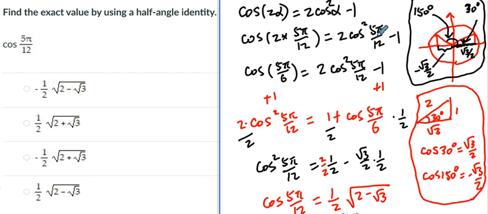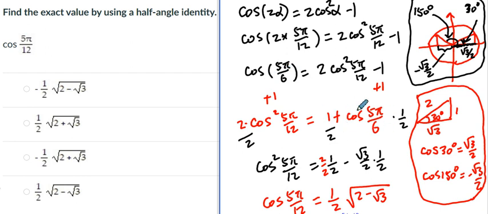To solve for cosine 5 pi over 12, here there was a square. So you want to isolate cosine 5 pi over 12 squared. Here is minus, so you add to cancel it. So the right hand side is 2 cosine 5 pi over 12 squared. Let me put that on the left, and the other side is 1 plus cosine 5 pi over 6.